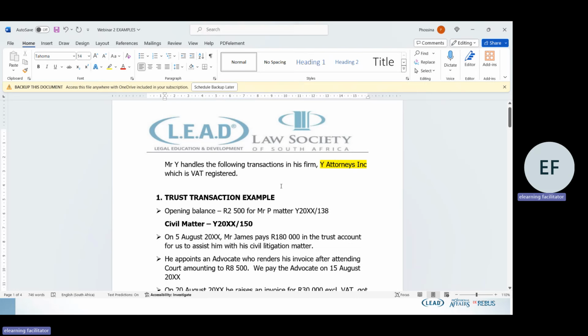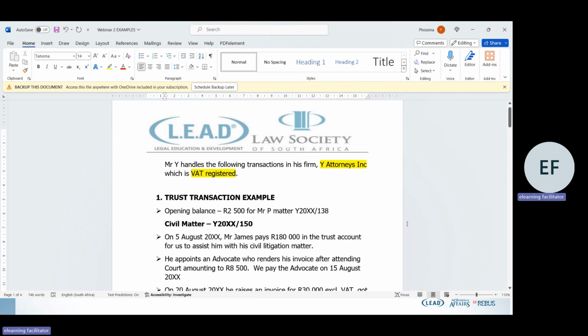So the way that we record transactions is going to be different from the way that we record for a sole practice. You need to pick up all those details and see how you record transactions. And the fact that we are told it is VAT registered, the way that we record also becomes different.